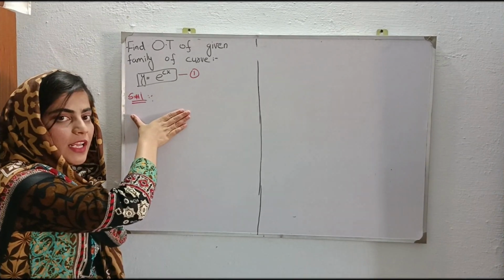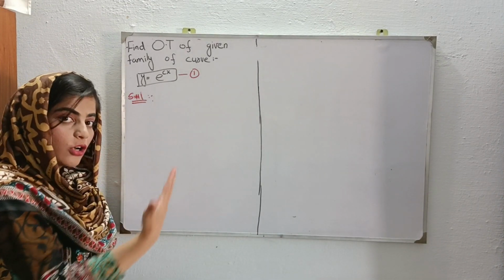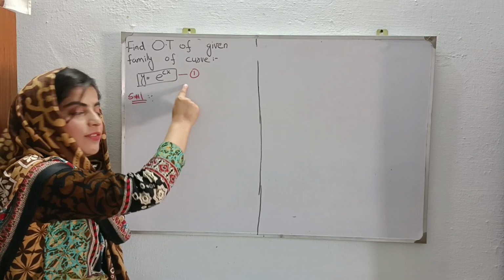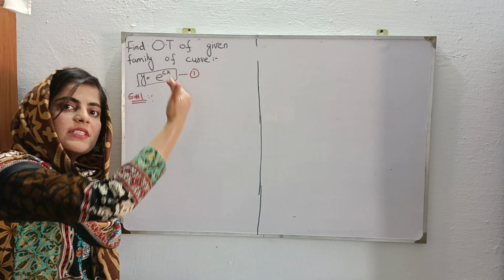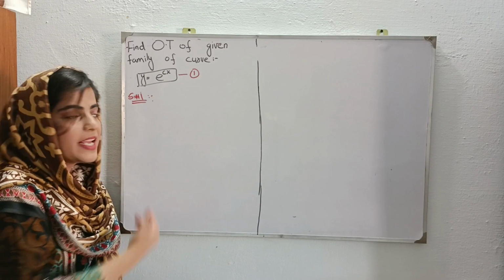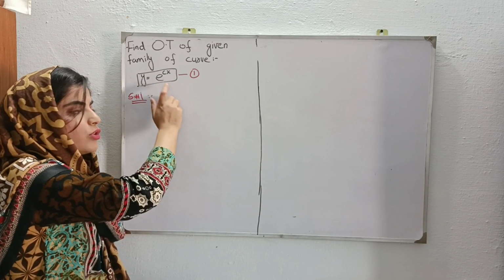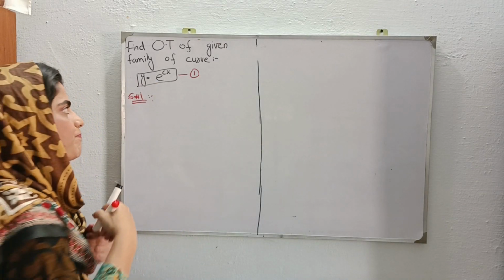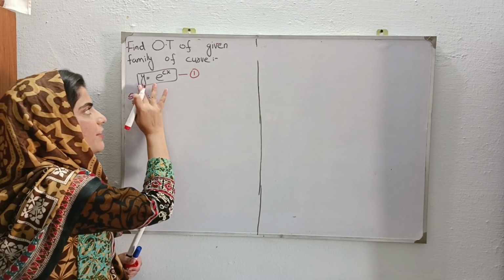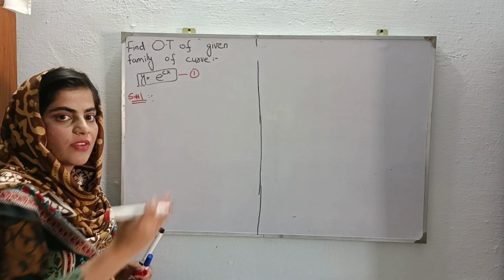Here is an example and you have to find the orthogonal trajectory of this family of curves. You are given a general solution which represents a family of curves, and you have to find its orthogonal trajectory. So what would be my first step? I have to calculate the differential equation of this general solution.